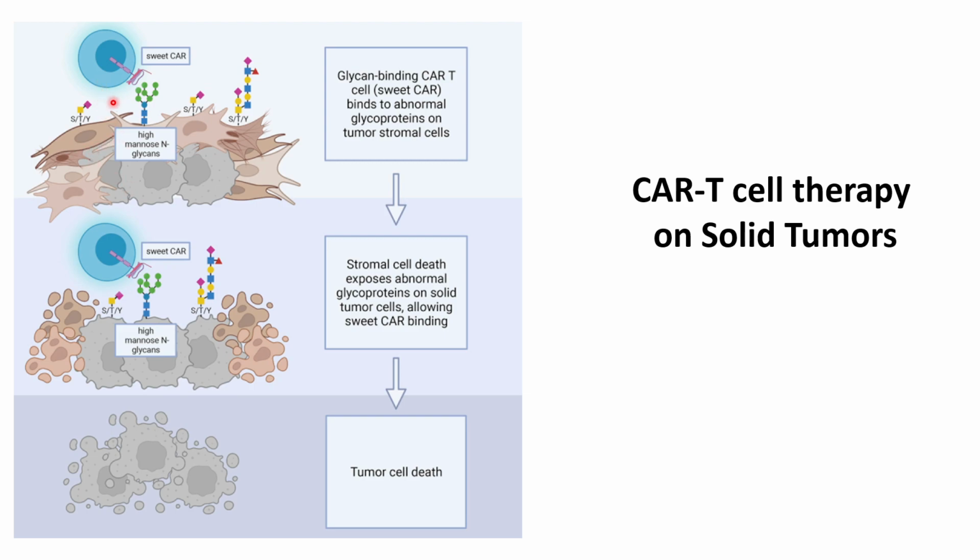So the problem that traditional CAR T cell therapy is facing in solid tumors is that they are not able to find enough antigen that can be used by these CAR T cells or chimeric antigen receptors. They face two problems.